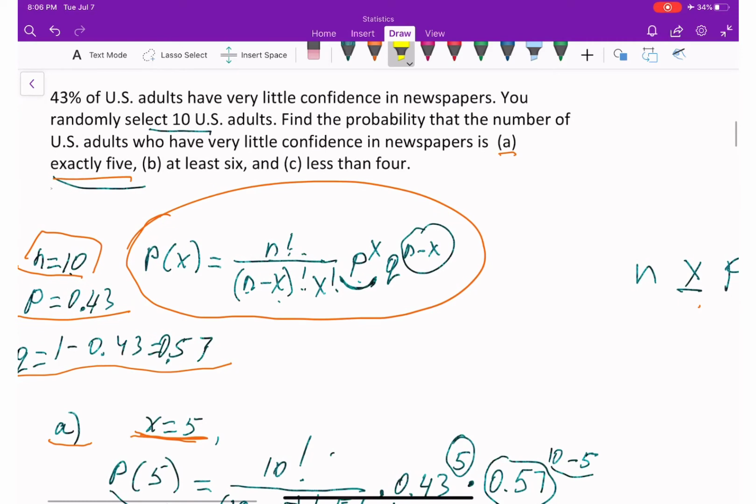Question B. Find the probability that the number of US adults who have very little confidence in newspapers is at least 6. At least 6 means 6, 7, 8, 9, and 10. Why till 10? Because the total sample size is 10.